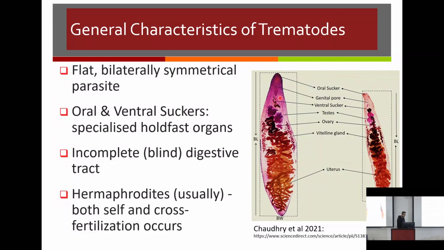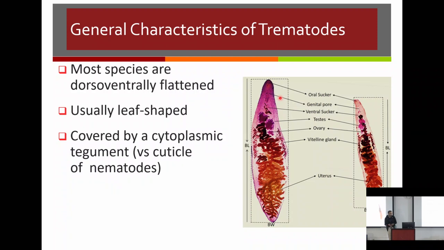They are hermaphrodites. Usually they do self-fertilization, but sometimes we have seen that they do cross-fertilization also. Most of these species are dorsoventrally flat. They are leaf shaped, and they are covered with teguments or cuticles.